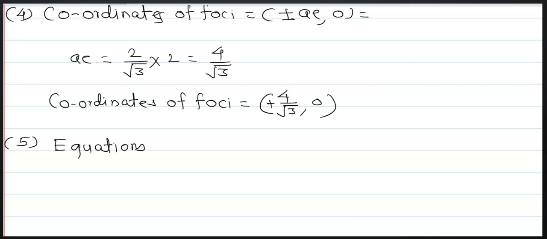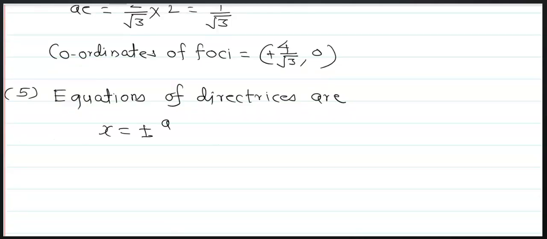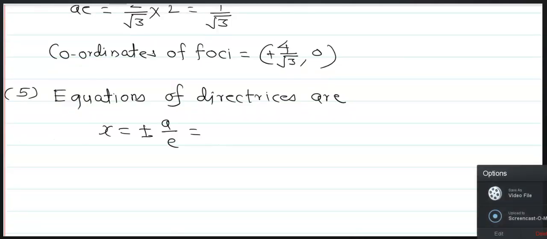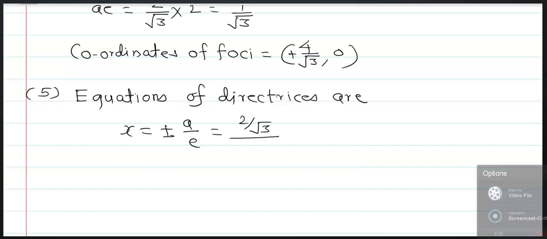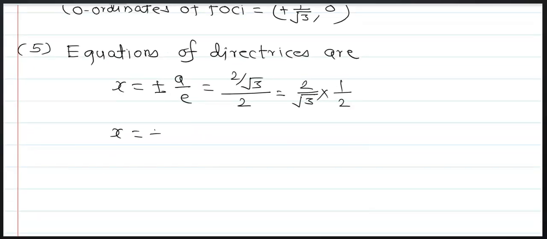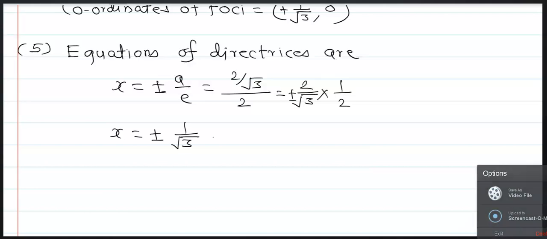Fifth one, equations of directrix are x is equal to plus or minus a upon e, that is 2 upon root 3 upon 2, that is 2 upon root 3 into 1 upon 2, that is x is equal to plus or minus 1 upon root 3.